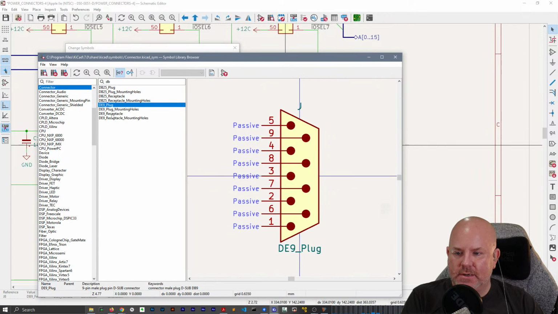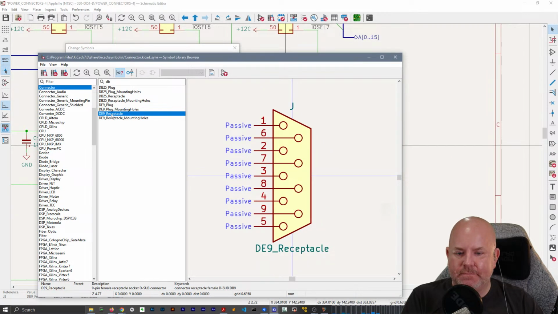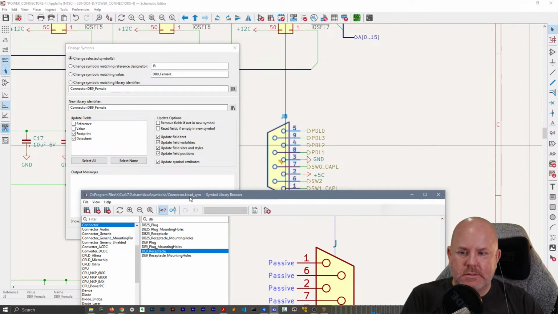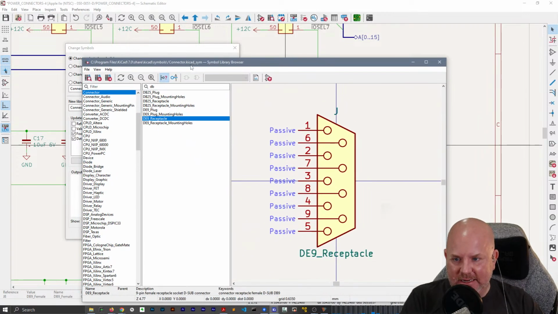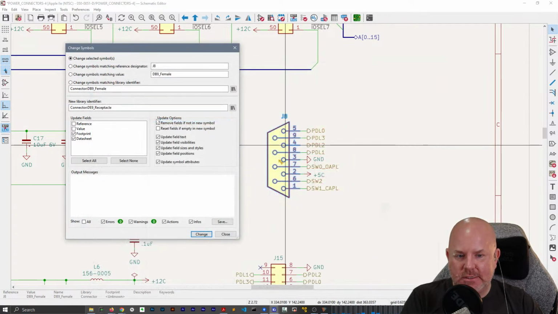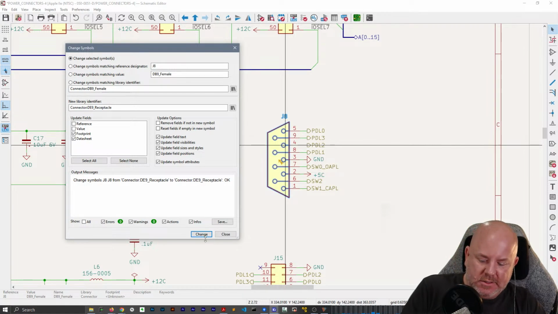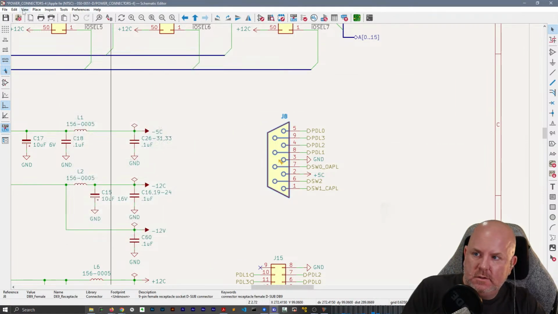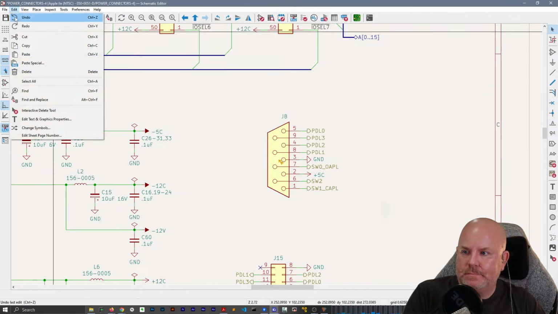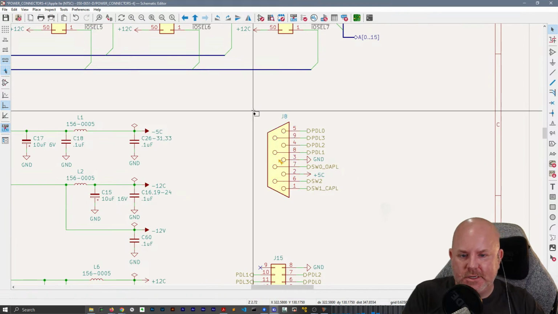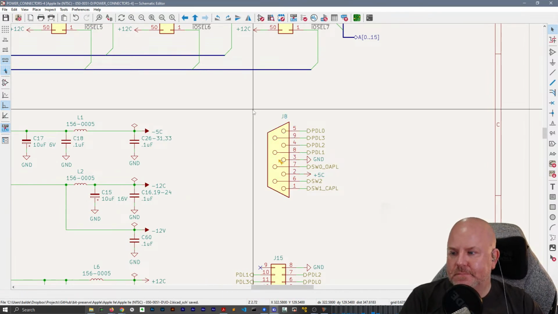Uh-huh. Okay. Also, they fixed the identifier. It is a DE9, not a DB9, because DB means it would be big enough for 25 pins. So we'll just change that one. And that shouldn't... Oh, I can't tell. Did that actually... 5, 4... Okay. That didn't change anything. Good. All right.